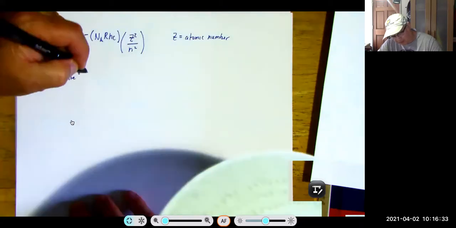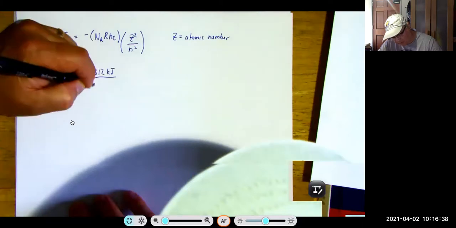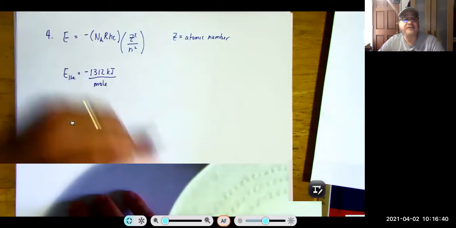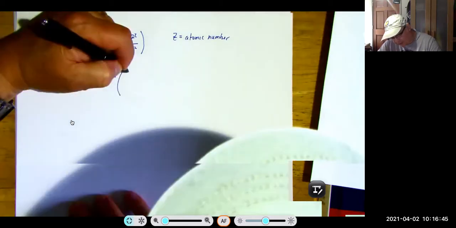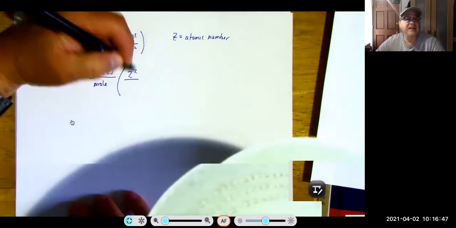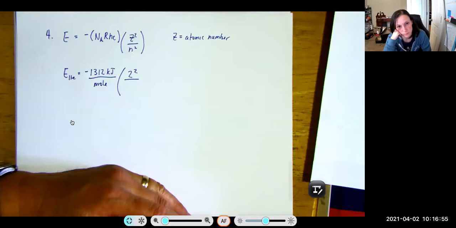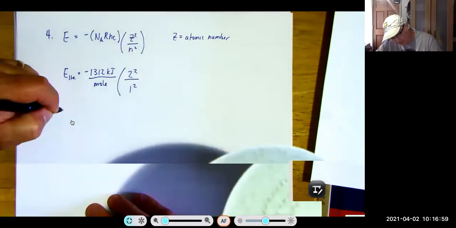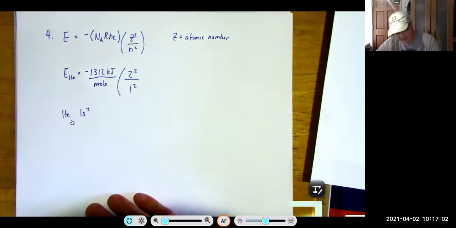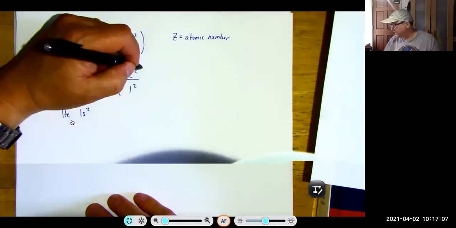So we're going to do minus 1,312 kilojoules per mole, because they tell us that's what that value is. Z for helium is 2, so we have 2 squared. And for n, it's 1, because helium is 1s2, and we're taking away a first shell electron. So here we're going to calculate that upper limit.